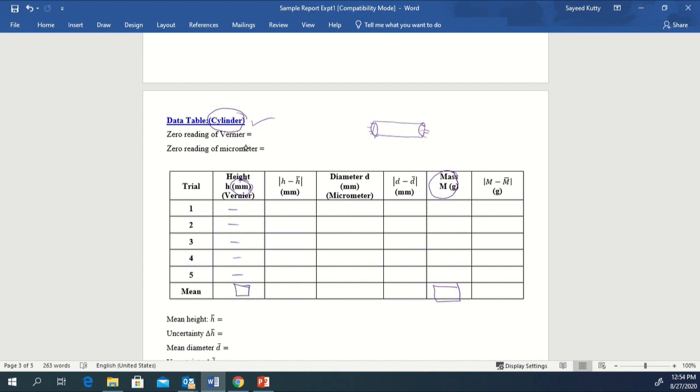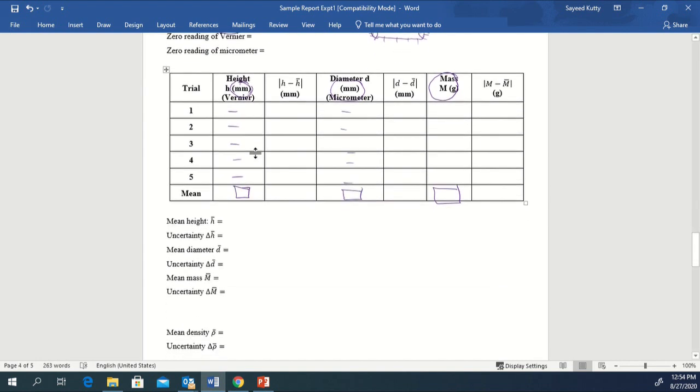The same way, the diameter you are going to measure using the micrometer, in terms of millimeter. In the same way, you will scan different positions and get the corresponding diameters, and we will have 5 different diameters, maybe very close. And from this data table, you will have the height, the diameter, and the mass.